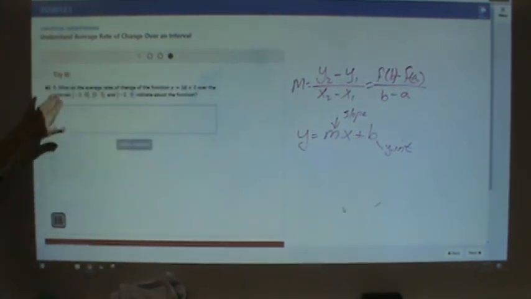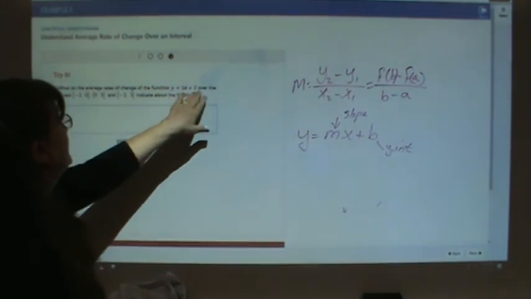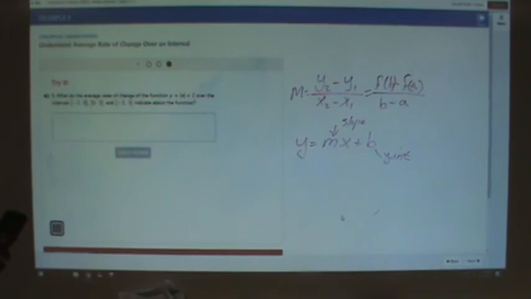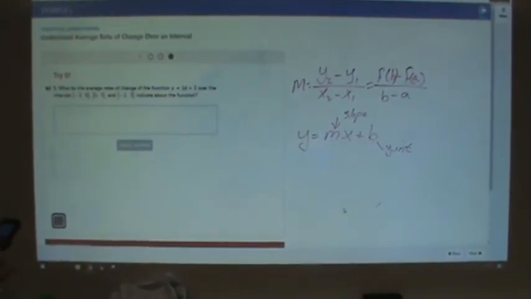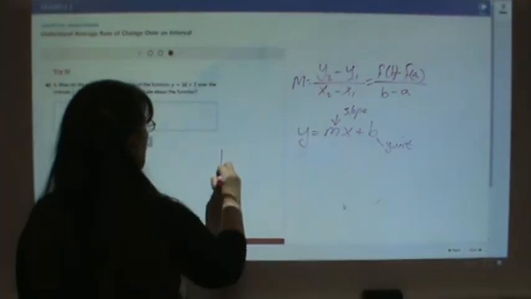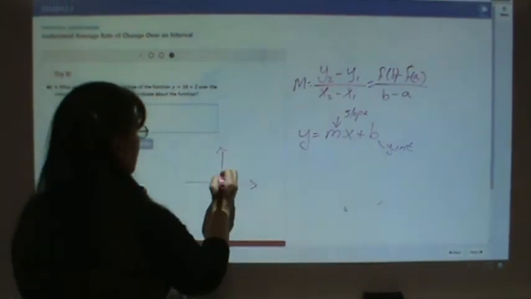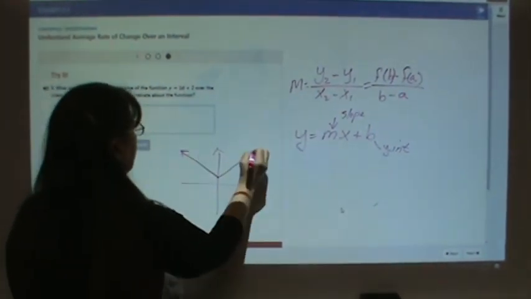All right, so what you're going to do is find the average rates of change for the absolute value of x plus 2 over these. Again, the absolute value of x plus 2 is going to look like this.